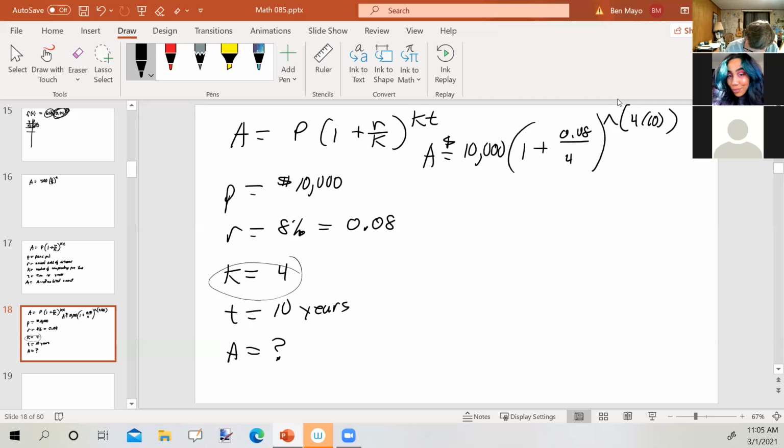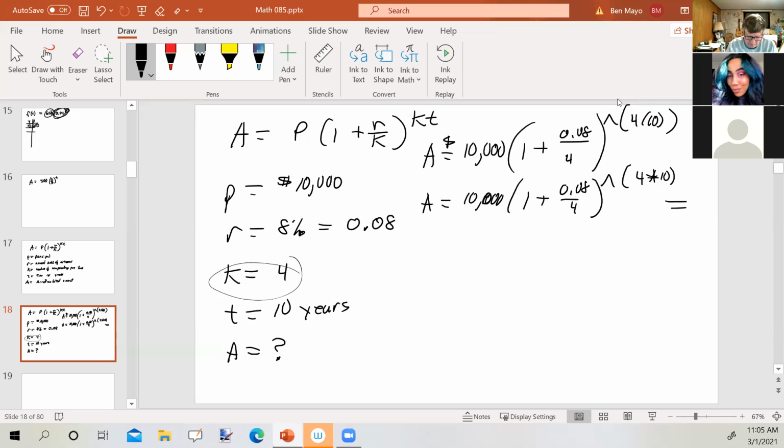If you're going to do that, you'd have to go 10,000, parentheses, 1 plus 0.08 divided by 4, close parentheses, that little power button, caret key, parentheses, 4 times 10, close parentheses, equals.